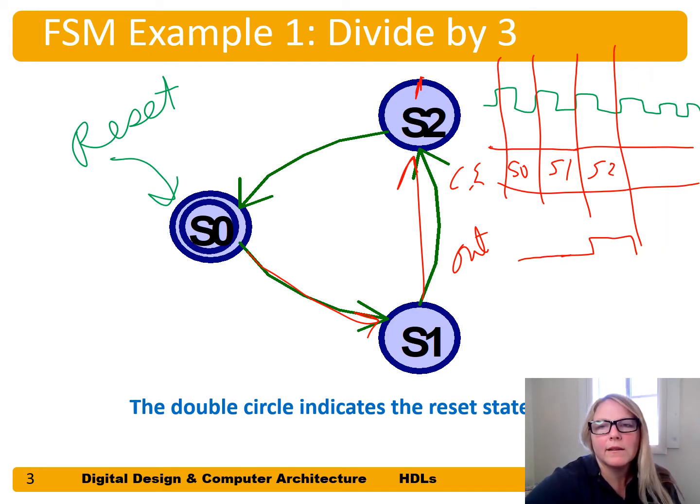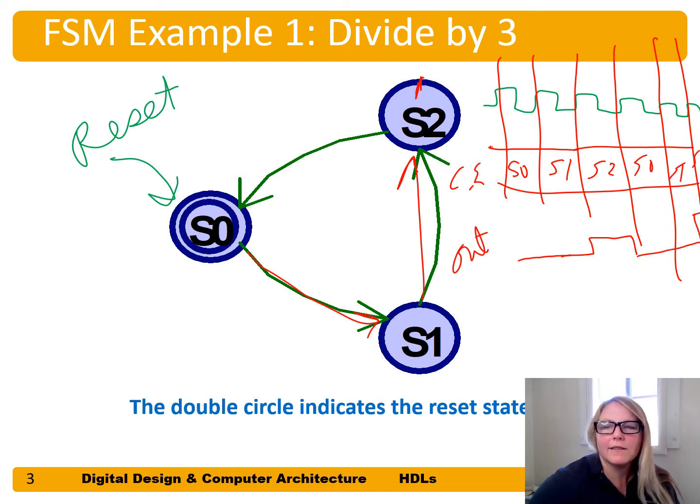So again, it's going to transition again: S0, S1, and right off the edge, it's going to transition again. And so we can see what the frequency is here.